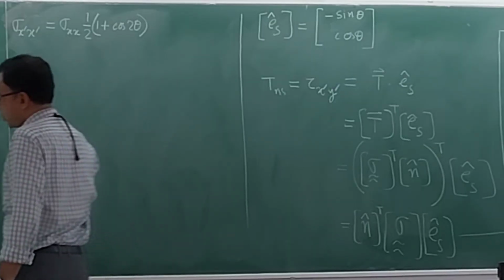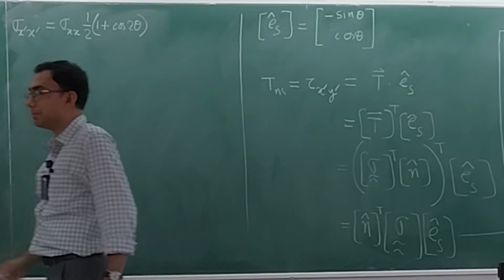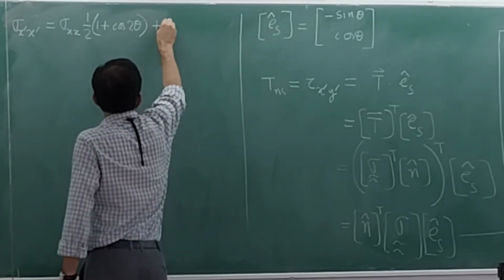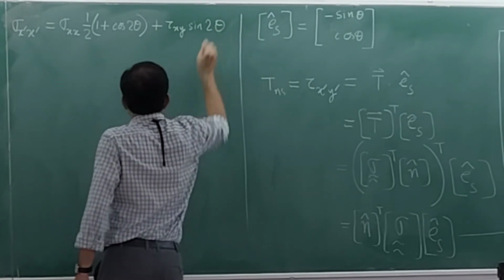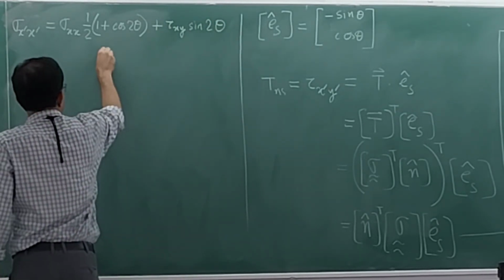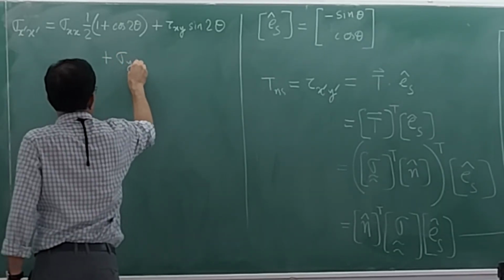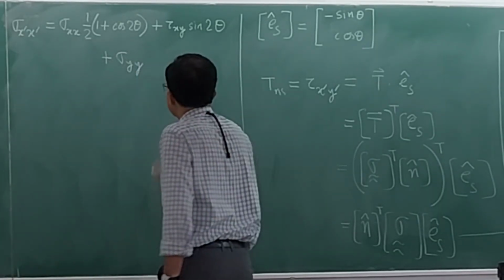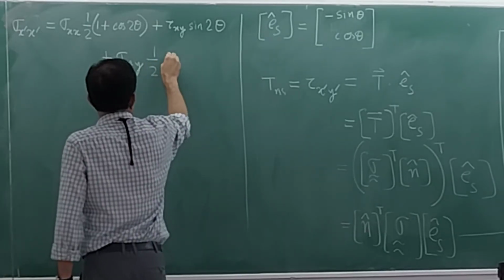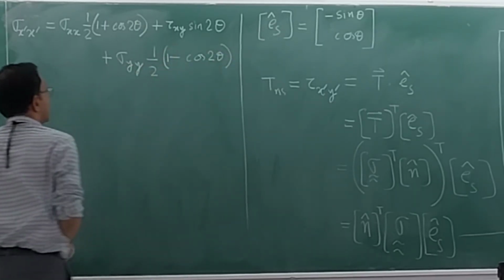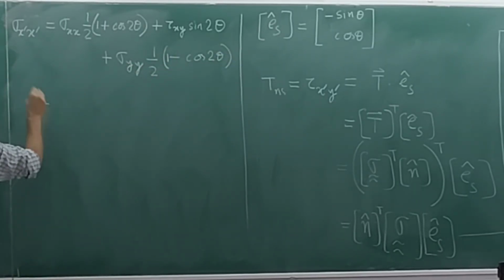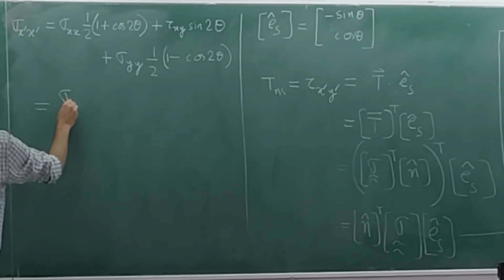Next, already the form has been given to us. So this is tau xy sin 2 theta, and this sigma yy, so this is what? Half of 1 minus cos 2 theta. So we'll just make it look a little bit prettier.